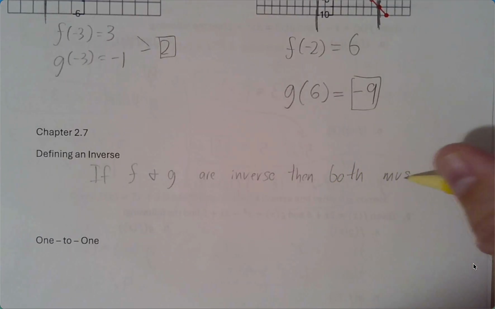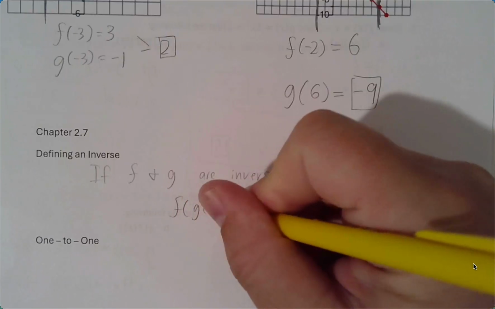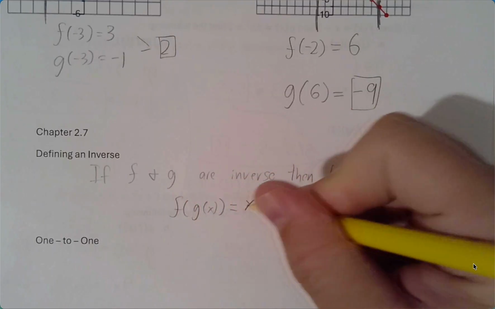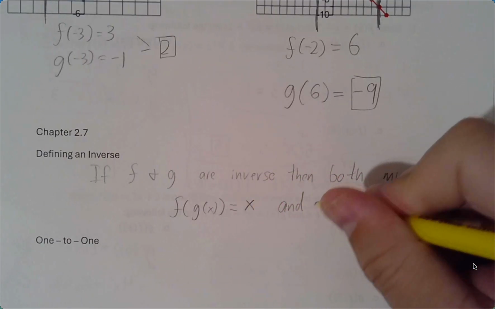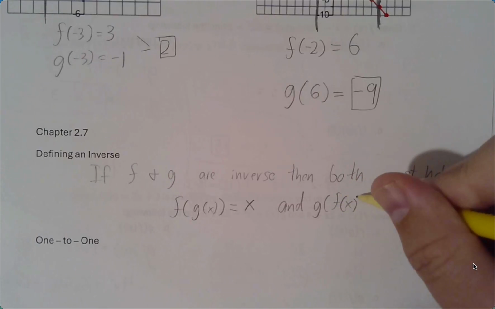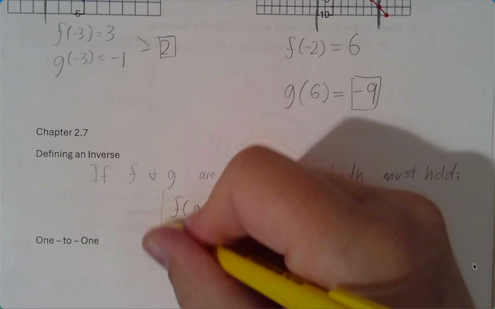both must hold. And what do we mean by both? Well, here we go. It means that f of g of x, so composition isn't going away, should result in just x, and plugging it in the opposite order should also give you just x.